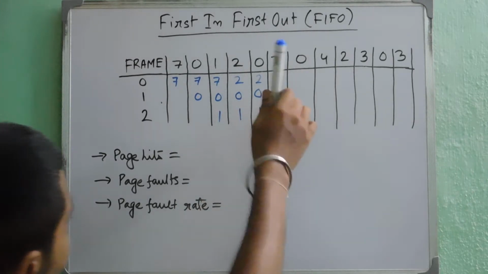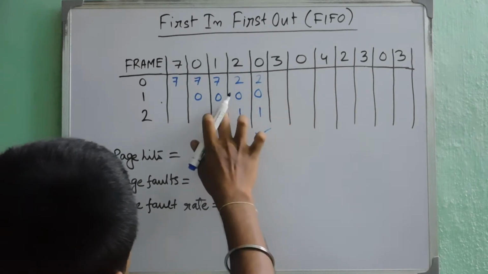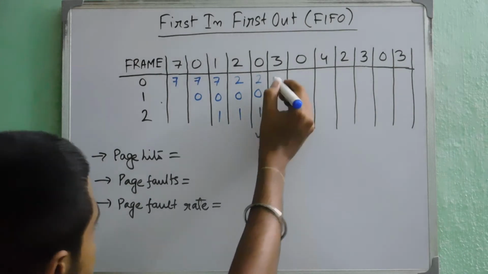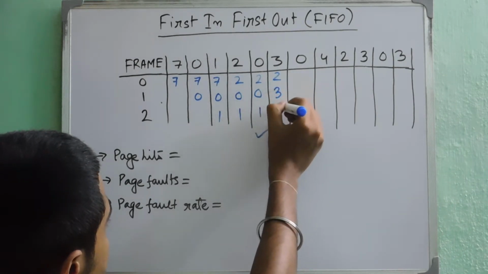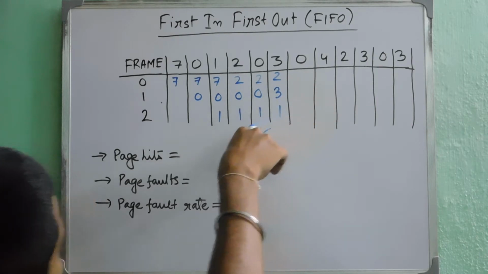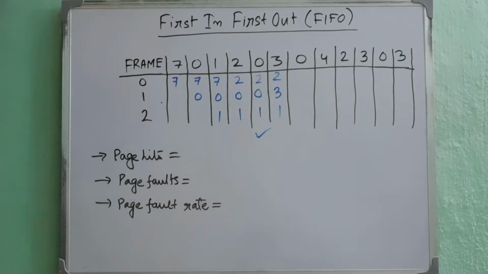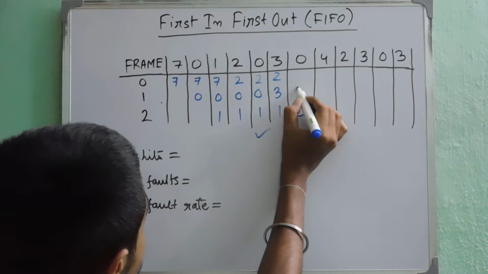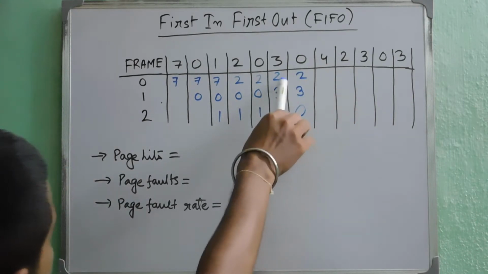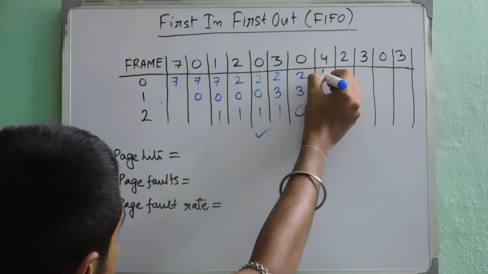Then we have 3. Now we can see that 0 is present for the longest time, so we will replace 0 and write 3 here. Then again we have 0. Now we can see that 1 is there for the longest time, so we will replace 1. Then we have 4. Now 2 is there for the longest time, so we will replace 2.